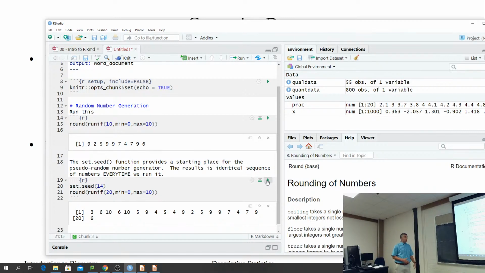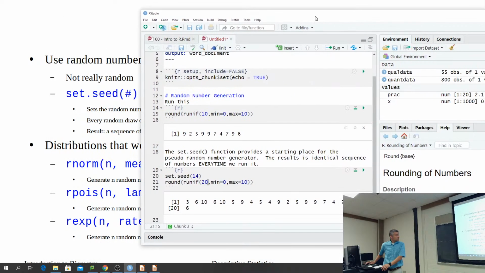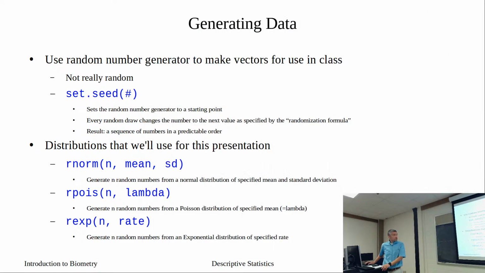There is going to be a time when we introduce the set seed function, where when we generate our data, I'm going to have the number generation in a block. I'm going to recommend you do the same thing. We'll have our set seed right at the top, and then each of our random number generating functions, one after the other. So we're going to stop here.